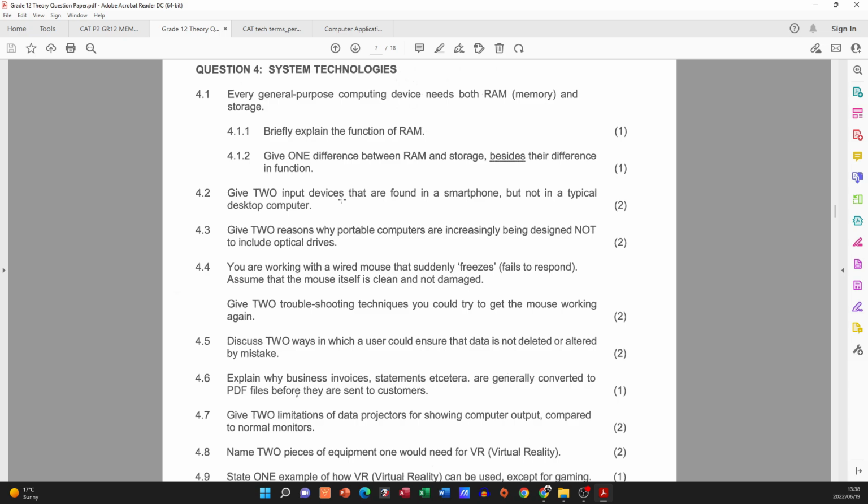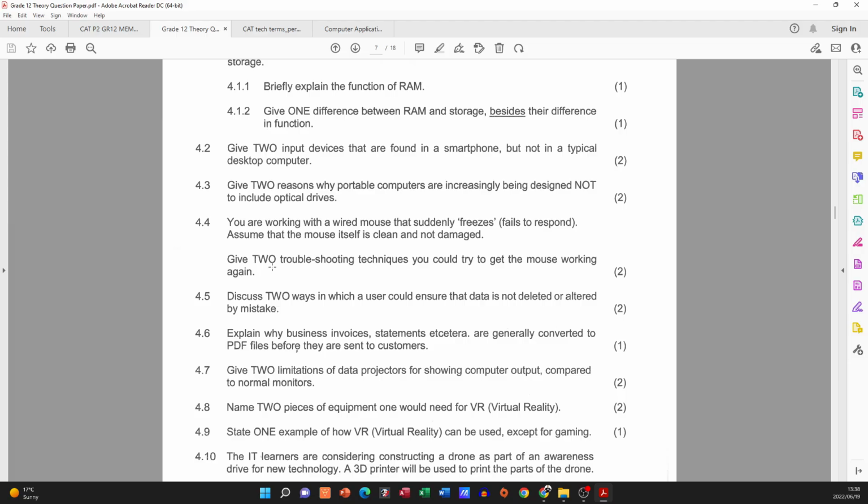In grade 12, you should be used to scenarios around troubleshooting as well. So here, for example, when you are working with a wired mouse, it suddenly freezes and fails to respond. What do you do with it? You can unplug it. If it's a USB mouse, unplug it, plug it back in, try it in a different port, things like that. But read the question first.